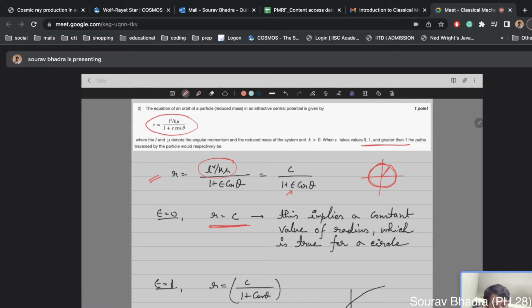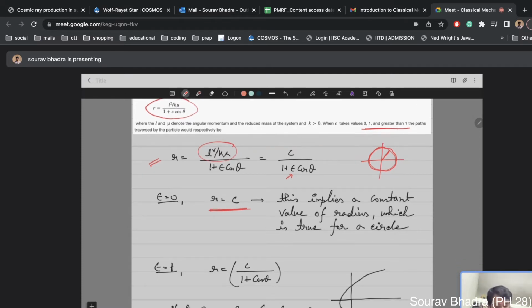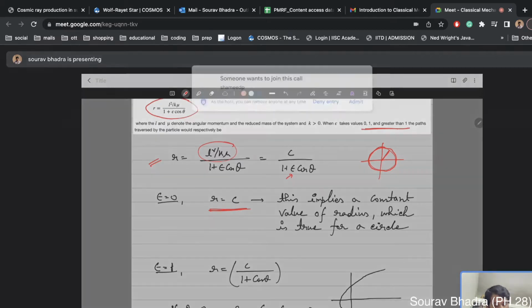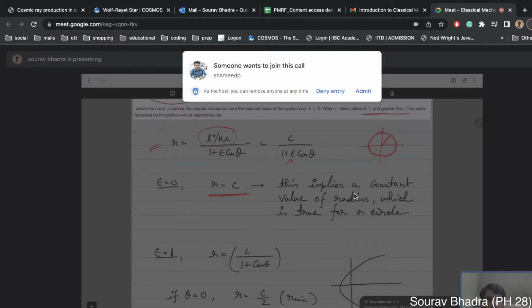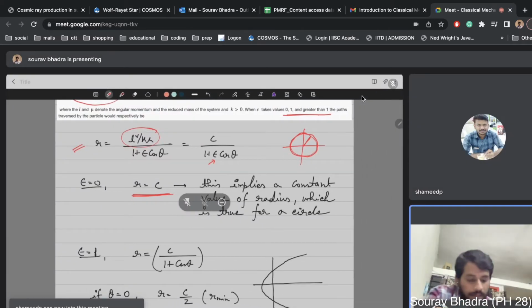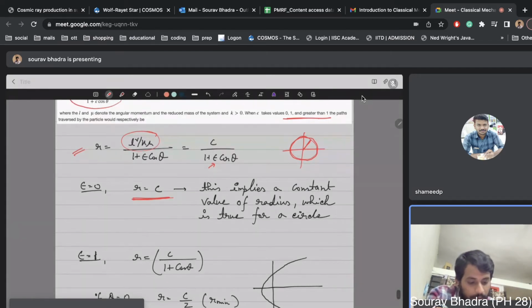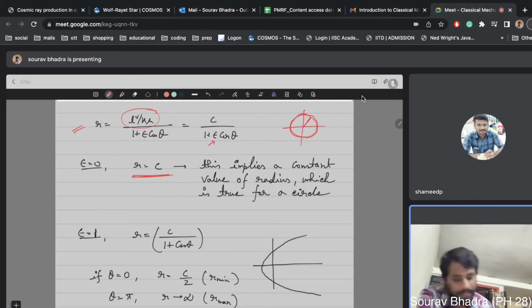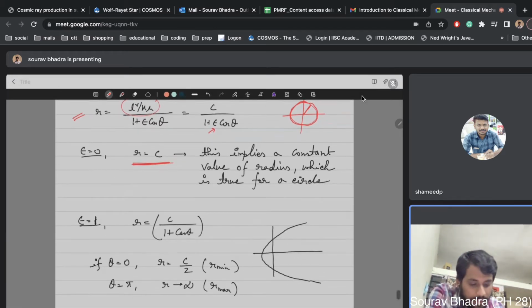Now epsilon equals to 1. Then the equation will look like R equals to C by 1 plus cos theta. Now we can consider two limiting cases, when theta equals to 0 and when theta equals to pi.